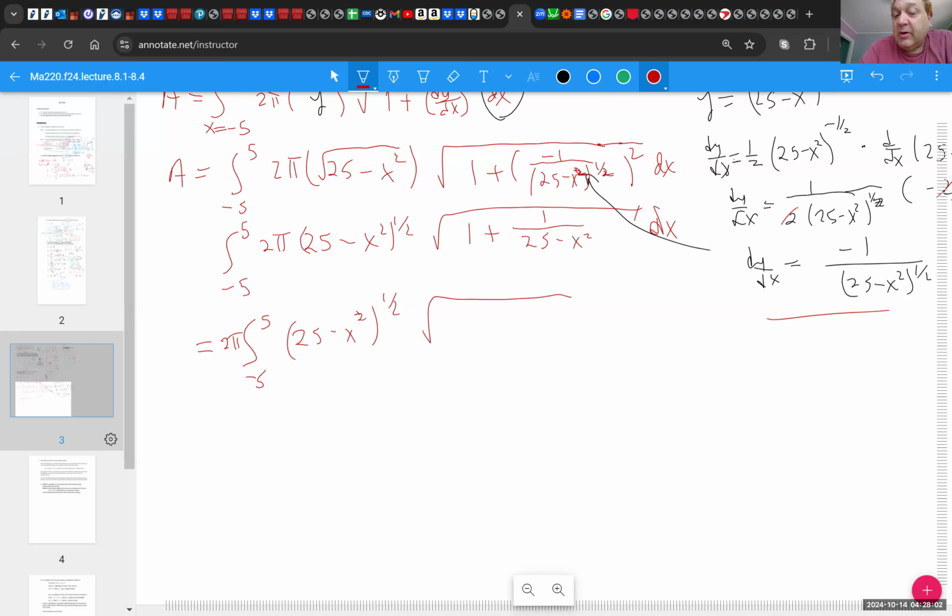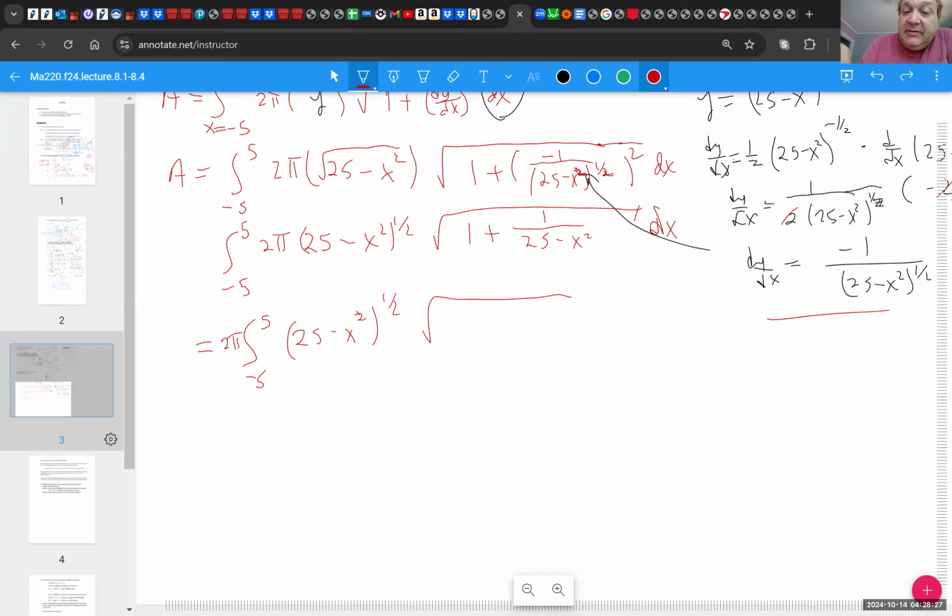So the way I'm going to simplify the square thing is I have a 1 plus a fraction, so I want to add those together. One's a fraction, one's a number. I can't really combine things that don't look the same, so I'm going to make this into a fraction, like 1/1. So I'm going to be adding the fraction 1/1 to the fraction 1 over 25 minus x squared.